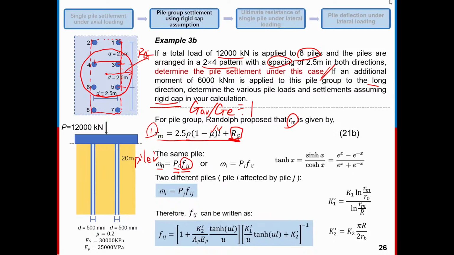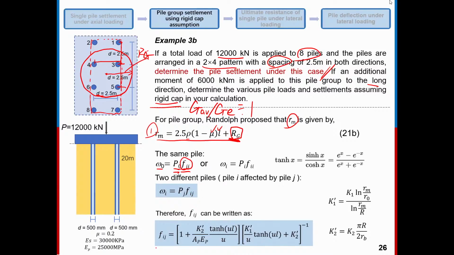FII represents the influence factor due to the pile force on the top of itself. If we are going to calculate the settlement due to the influence of other piles, we will use Fij, the influence of pile J on the settlement of pile I. This is the definition of Fij.